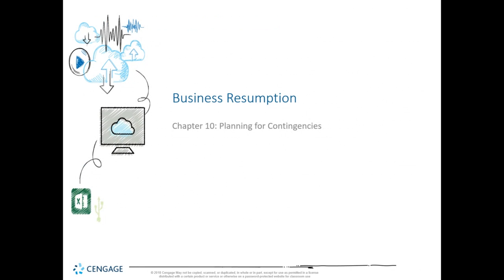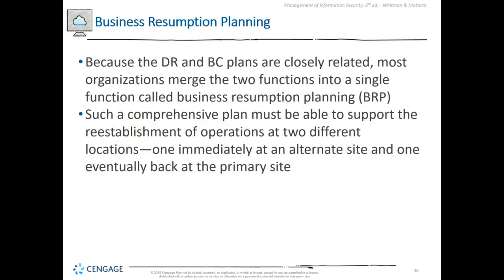Now, the resumption of business. The DR and BC plans can also be combined into a single document, which is known as the Business Resumption Plan, the BRP. Now, this is something that should be separate from the Incident Response Plan. Because the DR and BC plans are so closely related, they can be combined into one.